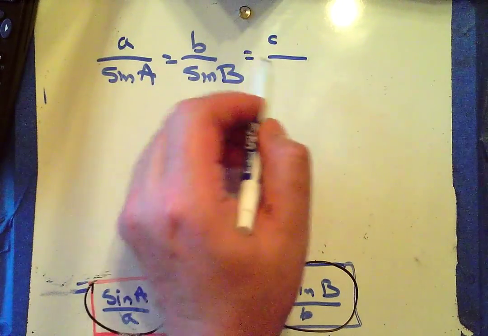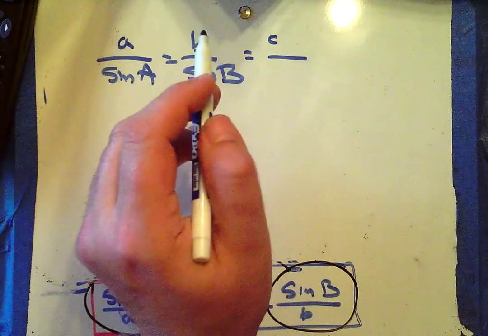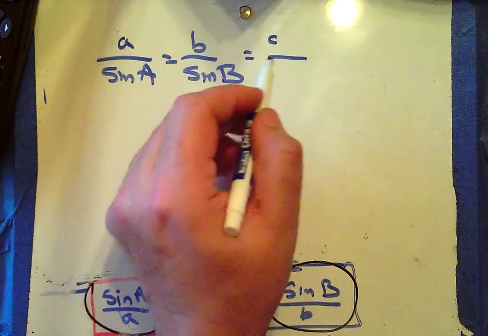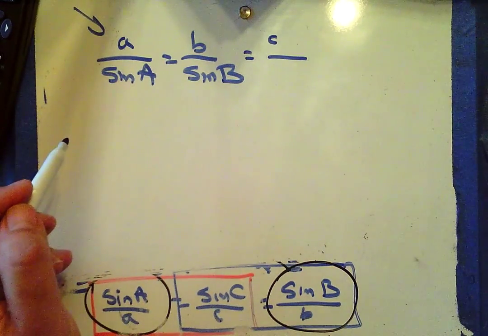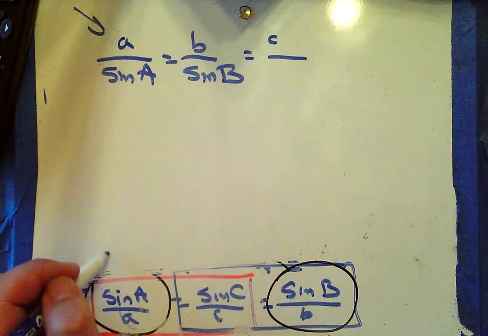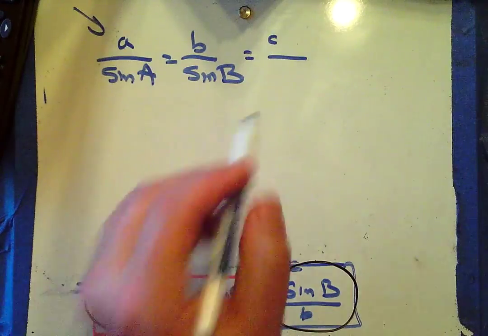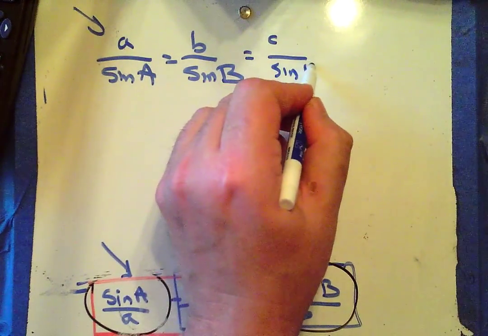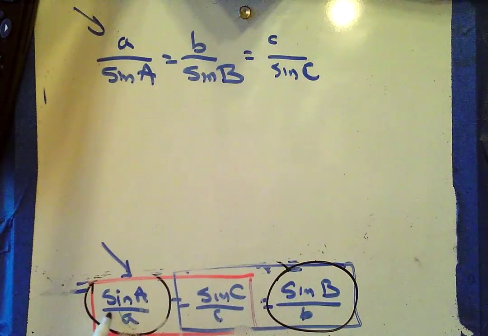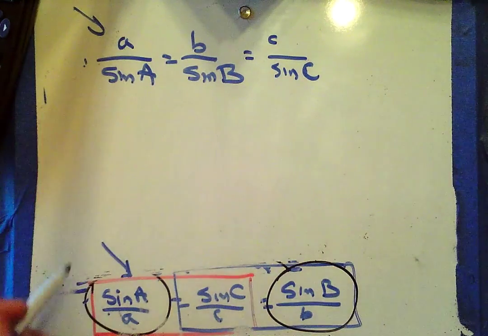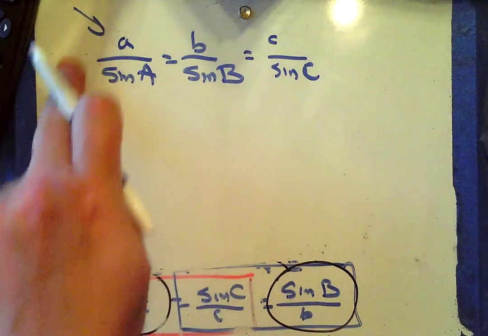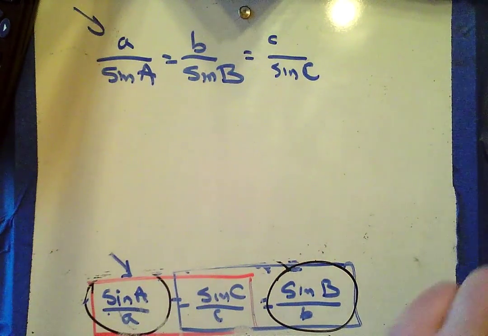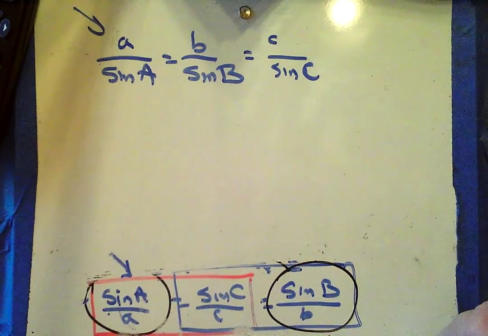Instead, whatever makes the algebra easier. And so if I'm looking for a side, I often put the sides on top. And if I'm looking for an angle, then I often put the angles on top. But really, you can use either form of these. If you look in the textbook, you'll see both forms used comfortably and interchangeably. So just be aware that that's something that you'll see.